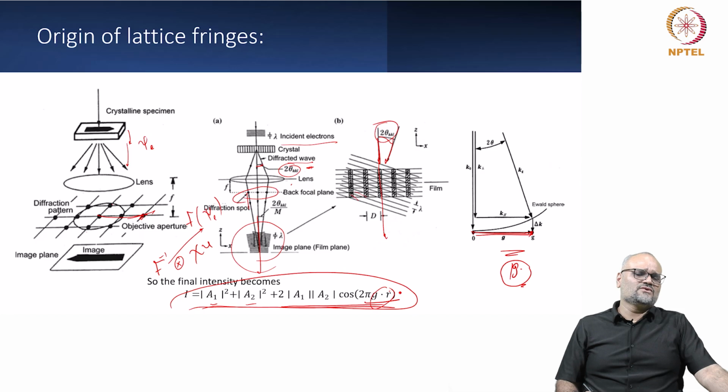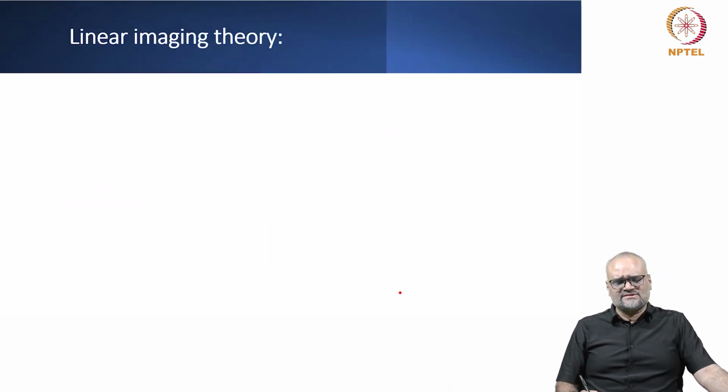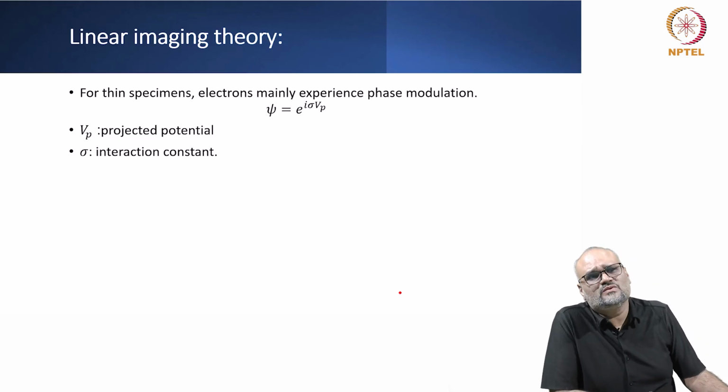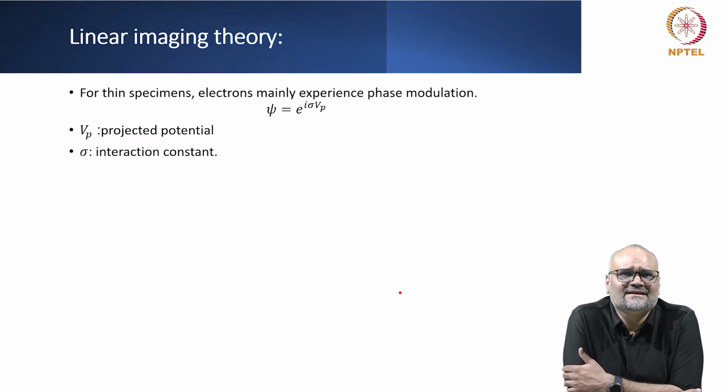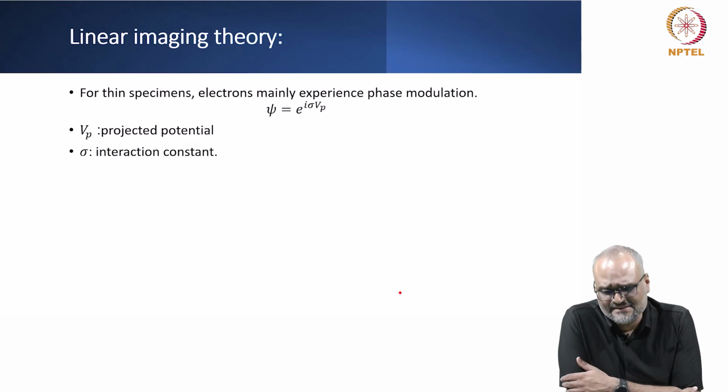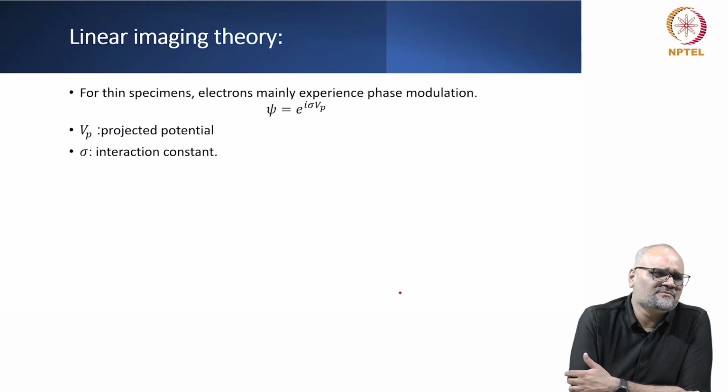Going back to the concept called linear imaging theory, which is used to simplify and understand the contrast variations within an HREM micrograph: for very thin specimens, you can assume that the electrons mainly experience only phase modulation. This is called the weak phase object approximation.